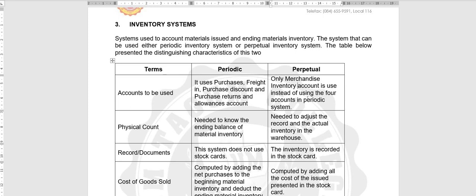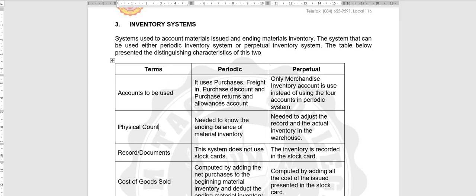So most probably, dito sa perpetual inventory, real time or updated yung record natin sa merchandise inventory account, unlike dito sa periodic inventory system. Mas updated, kasi every time there is movement in your inventory, automatic you also record it under the perpetual inventory system.